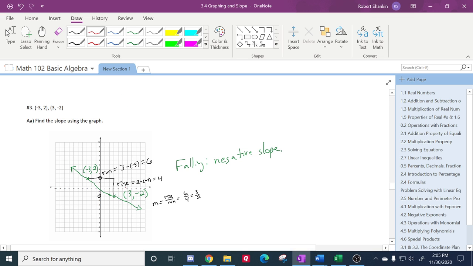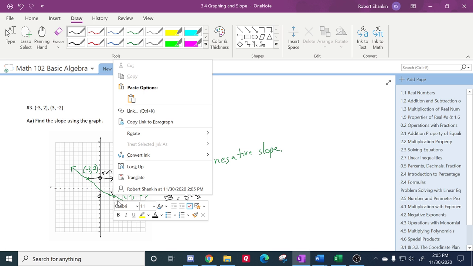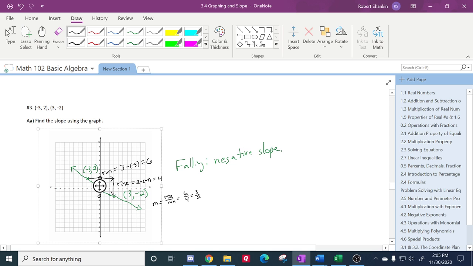And the rise, now let's put arrow heads on these. The run was going in the positive direction, left and right, where the positive direction is right. For up and down, the positive direction is up, and we are moving down. So since we are moving down, we're going to come up with a negative number.